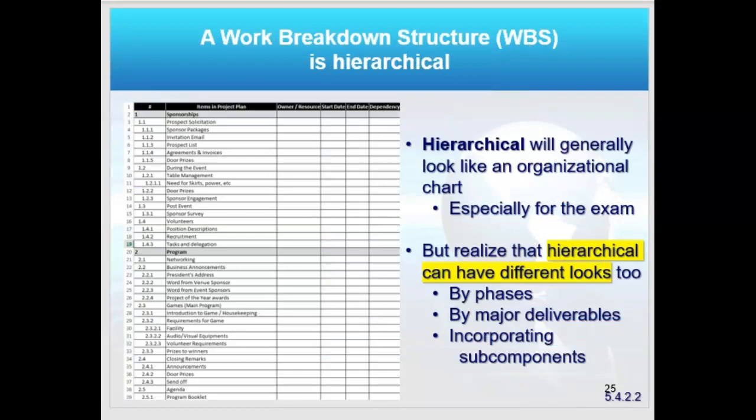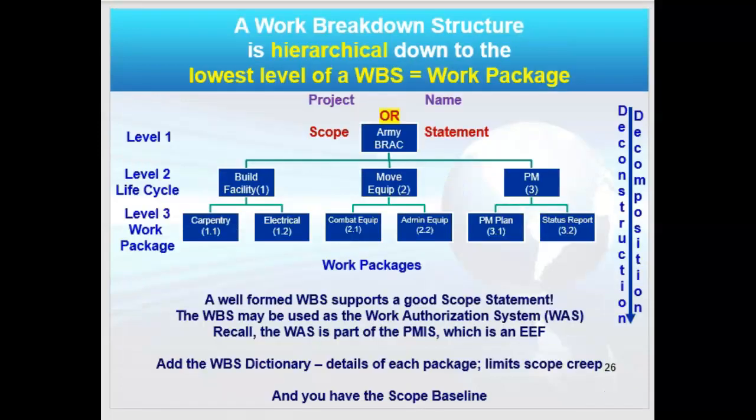Now, just because I said it was hierarchical, it can also look like a spreadsheet. You see the numbers indented? That also creates a hierarchy. Normally, we see it looking like an organizational chart, but I just wanted you to be aware it can look different. It's still hierarchical. So here is another picture of the hierarchical work breakdown structure.